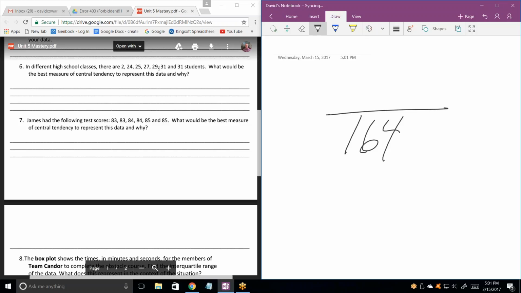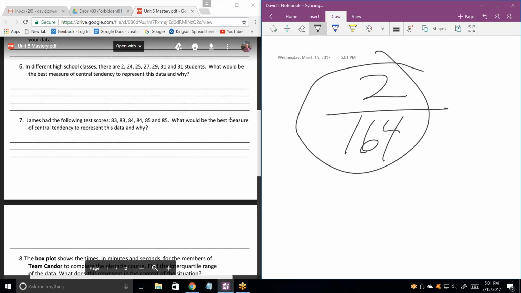The only thing I can think that they want you to do is divide each number by 164. In other words, the first high school class would have 2 164ths of the total students, and you would make that a decimal.